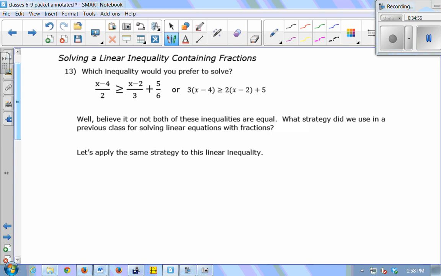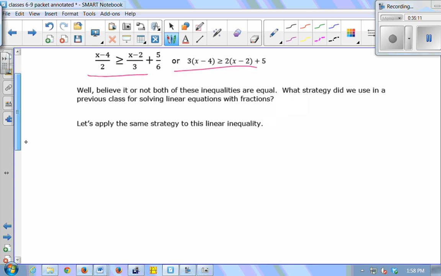Well, you know what's really handy is that those two inequalities are the same. They have the same solutions. They're equivalent. And the way you can turn this one into this one is by multiplying by the LCM. So let's apply this.